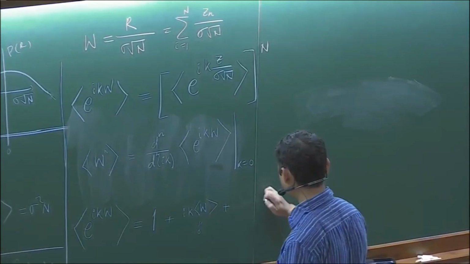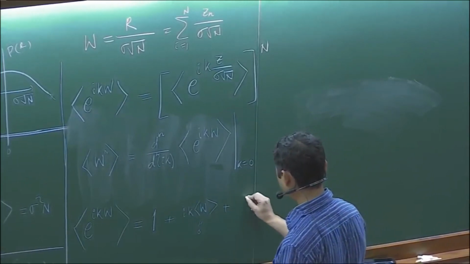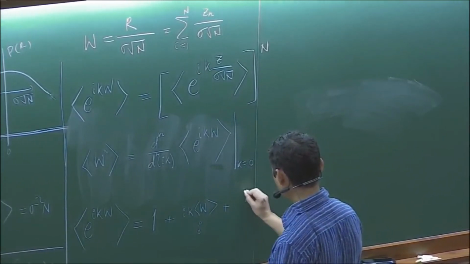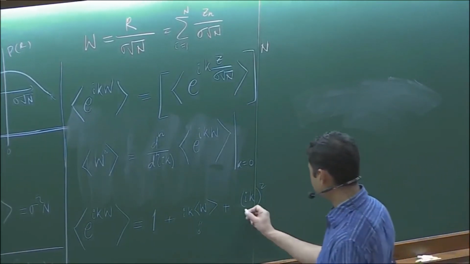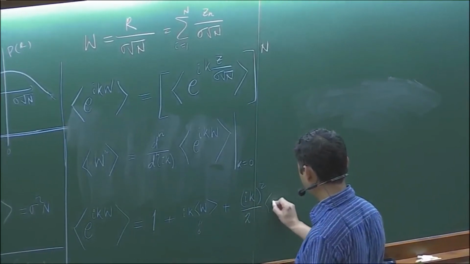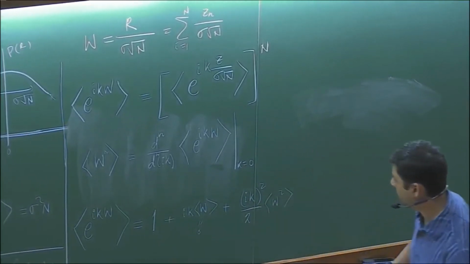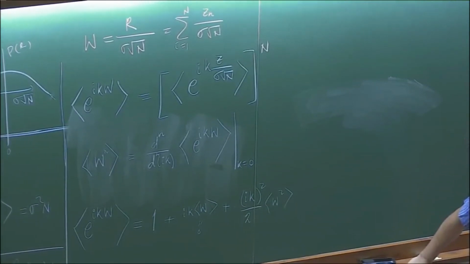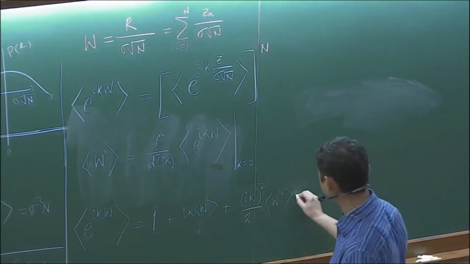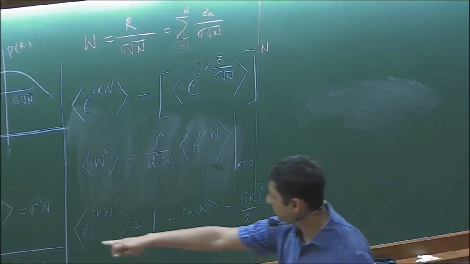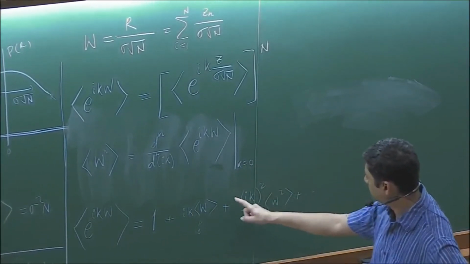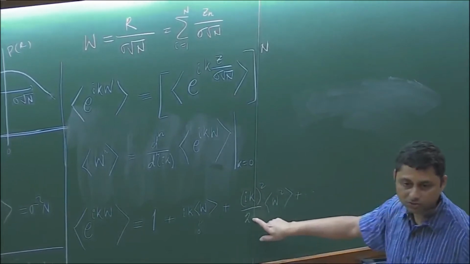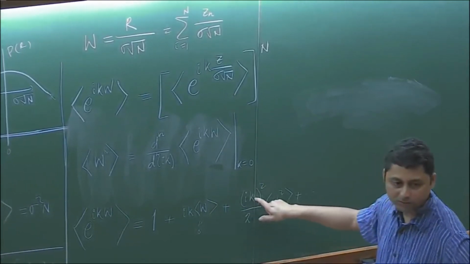So this should be (ik)^2 by 2 times w squared. Because if you take two derivatives with respect to ik, the first one gives you 2ik, so that 2 cancels this 2, and then one more derivative gives you ik.